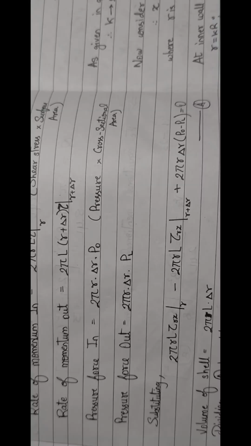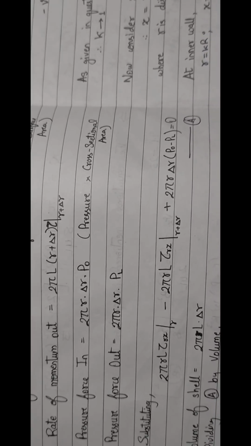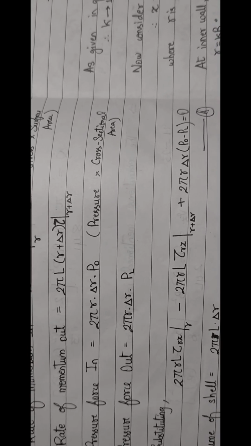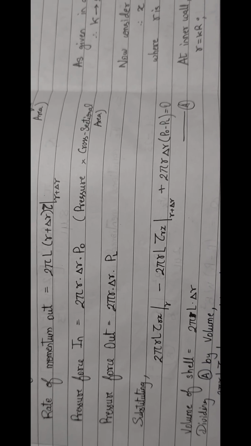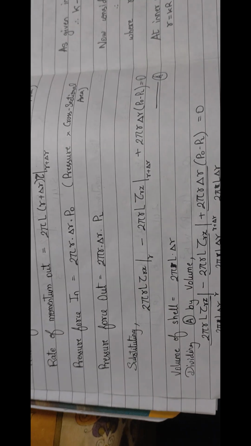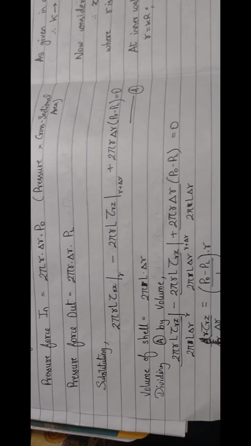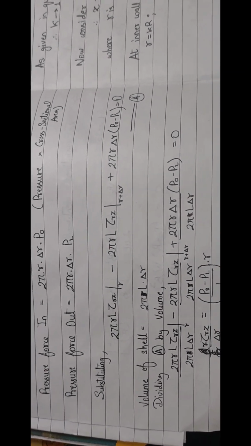So pressure force in is equal to 2 pi r delta r into P naught, which is the pressure, and this comes from pressure times cross sectional area. Pressure force out is equal to 2 pi r delta r into PL. Substituting in the above equation, we get this equation.